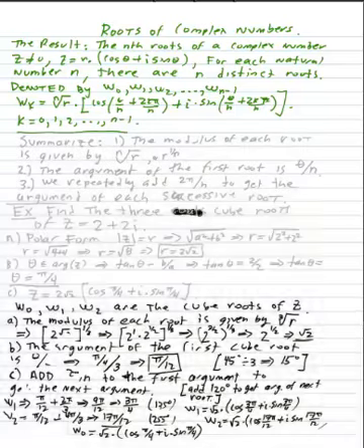We denote them by w_0, w_1, w_2, up to w_(n-1), and they are given by the formula w_k = the nth root of r times (cos(θ/n + 2kπ/n) + i sin(θ/n + 2kπ/n)), where k goes from 0, 1, 2, up to n minus 1.